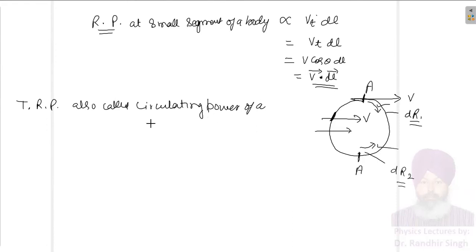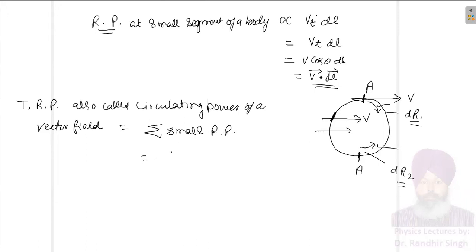of a vector field. The vector field in my previous discussion I took to be the velocity vector, but in general it could be anything: magnetic field, electric field, gravitational field, etc. So the total circulating power of a vector field is the sum of small rotating powers.